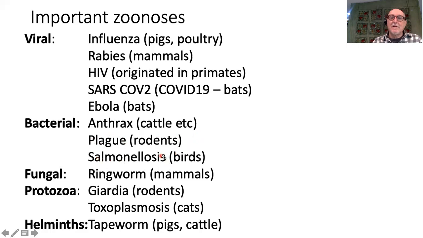Salmonellosis, I'm going to mention, because this is one of the ones we pick up. This bacterium Salmonella causes violent diarrhea and vomiting. We do pick it up often from food poisoning, but people who keep birds and reptiles need to be extremely careful, because birds and reptiles are a well-known reservoir for Salmonella, and they tolerate it extremely well.